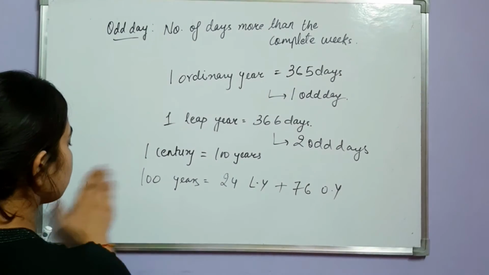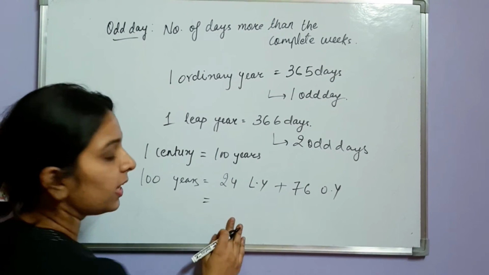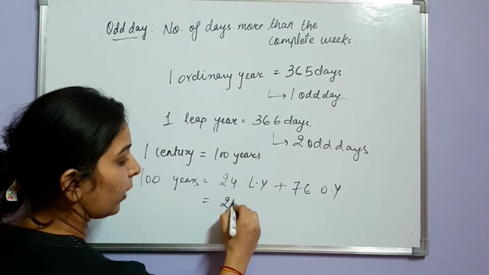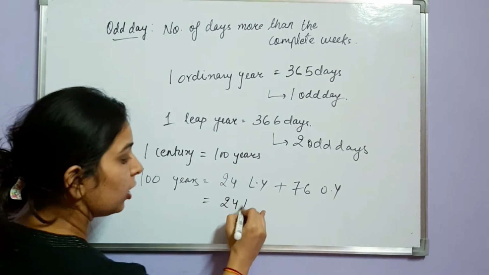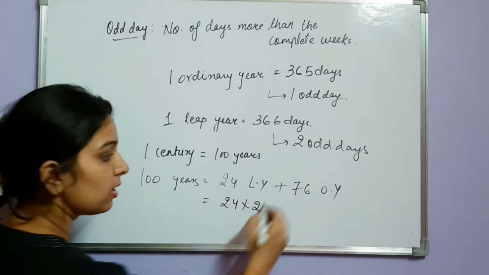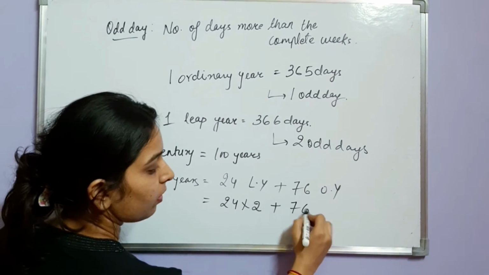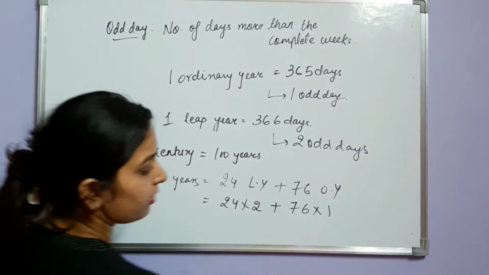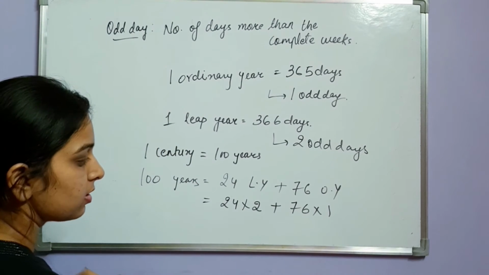So now we know that in one leap year there are 2 odd days. So for 24 leap years there will be 24 into 2 odd days, plus for one ordinary year there is 1 odd day. This implies for 76 ordinary years there will be 76 odd days.